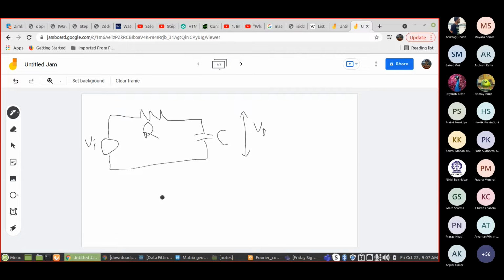You can first try to find what is V_o of j omega over V_i of j omega. That is the frequency response of this circuit.